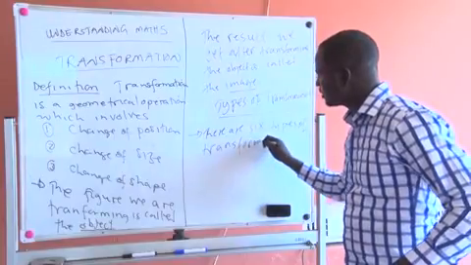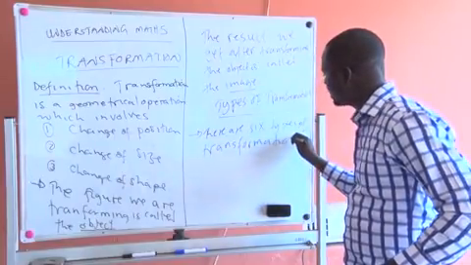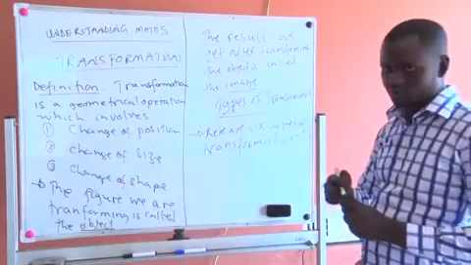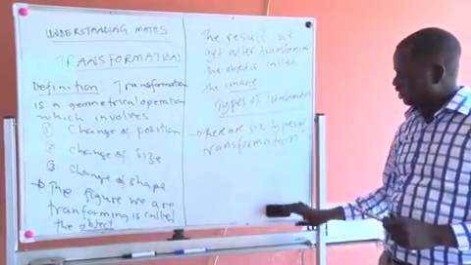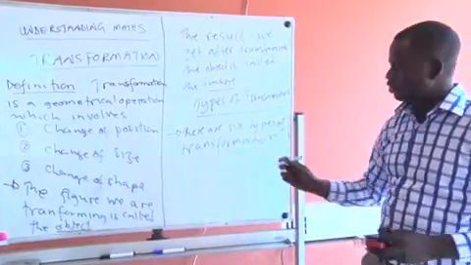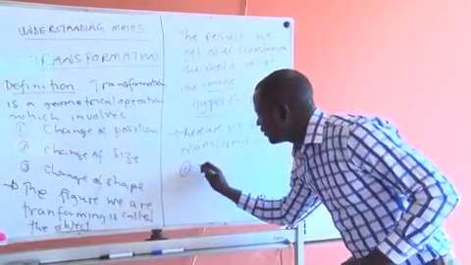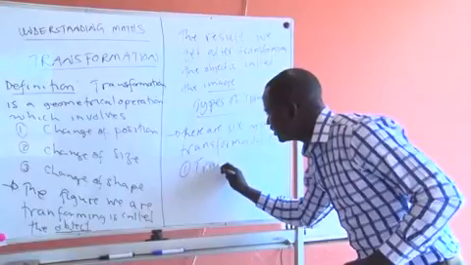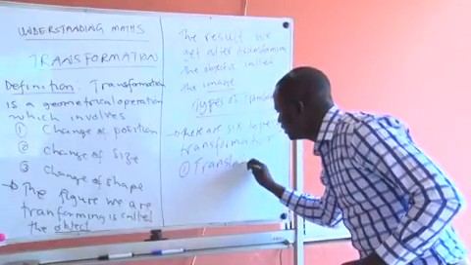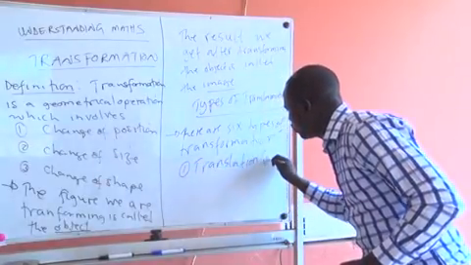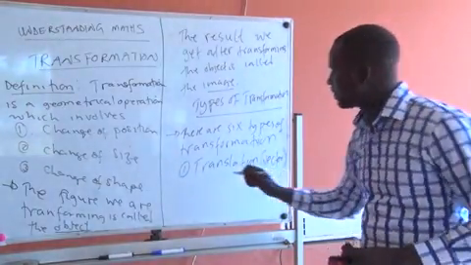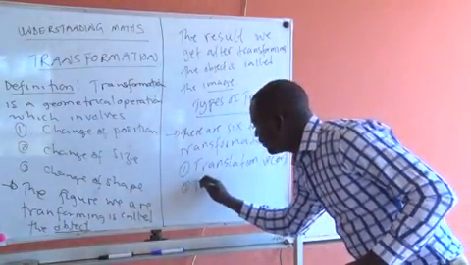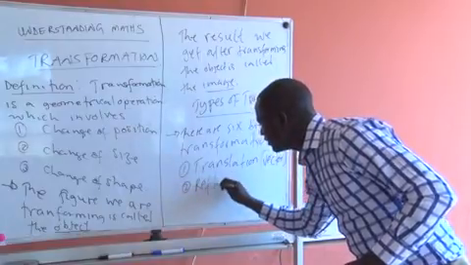We've got 6 types of transformation. And once you understand these types of transformation, it means you can't fail any question on transformation. So, number 1, we've got what is called translation. Translation, sometimes it is called vector transformation. Number 2, we've got reflection.